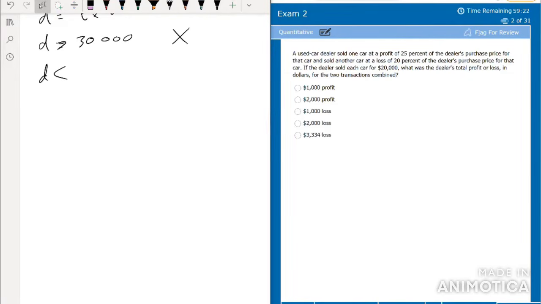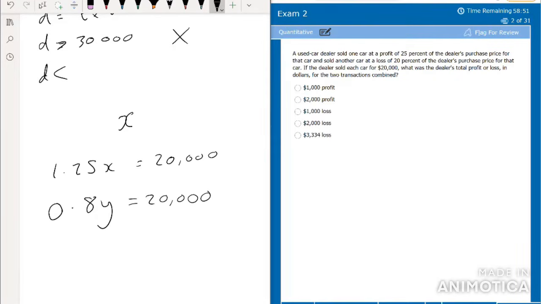A used car dealer sold one car at a profit. So if the purchase price for the car was x, then he sold it for 1.25x, and the other one he sold at 0.8y, and apparently both of them are equal to 20,000. And so what was the dealer's total profit or loss in dollars for the two transactions combined?